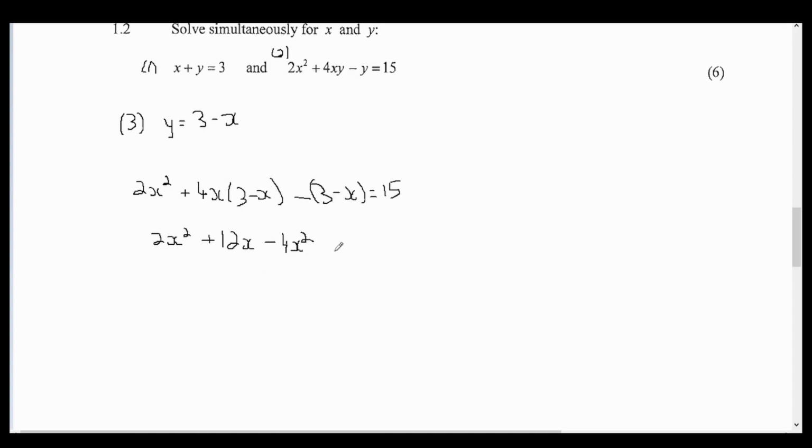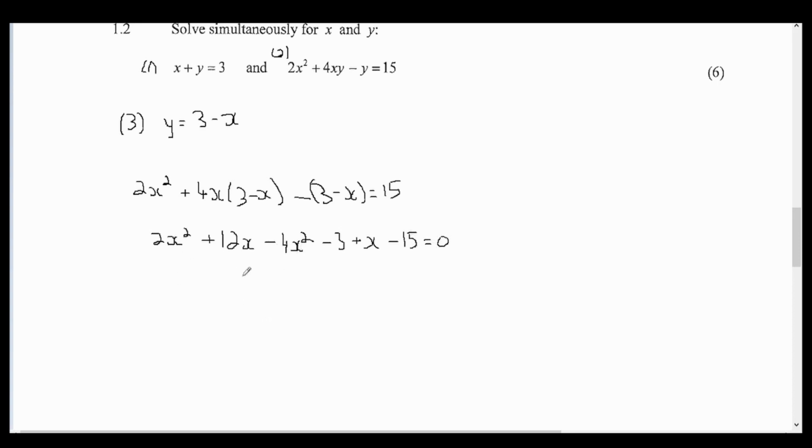And then we go to our next term. We just multiply the negative sign in, so it becomes minus 3, and negative times negative is a positive, so plus x, and this is still equal to 15. To speed it up, we can bring our 15 over, so it becomes negative 15 equals 0.